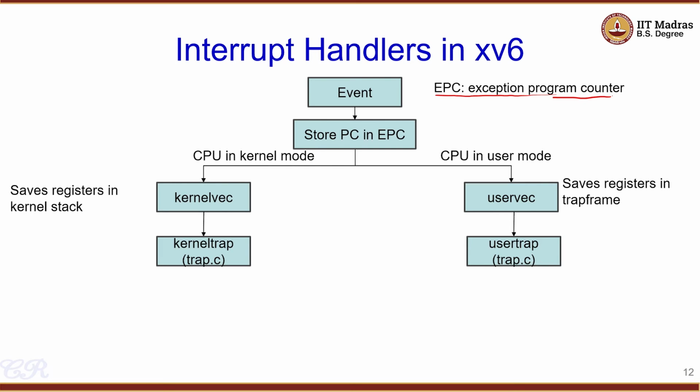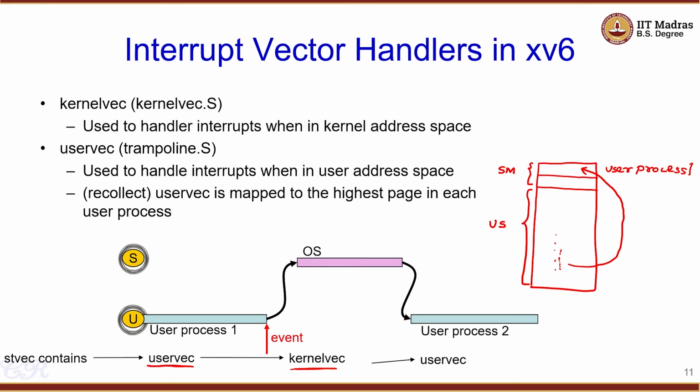This choice depends on the previous mode of operation. If the previous mode for the CPU before the event occurred was user mode, then the user-vec function would be executed, as we have discussed. So the Stvec would contain the user-vec function's address and execute the user-vec function.